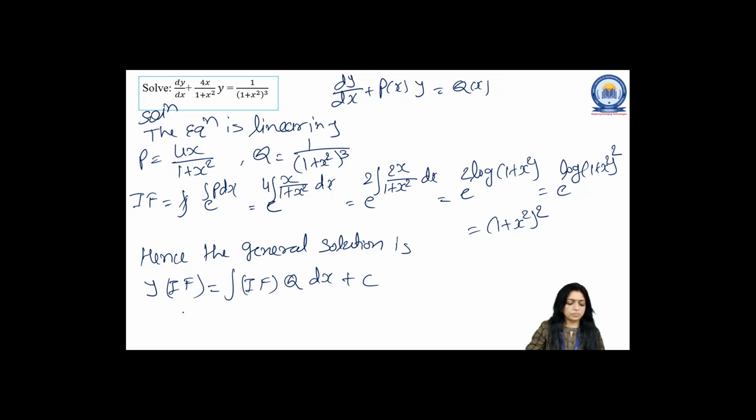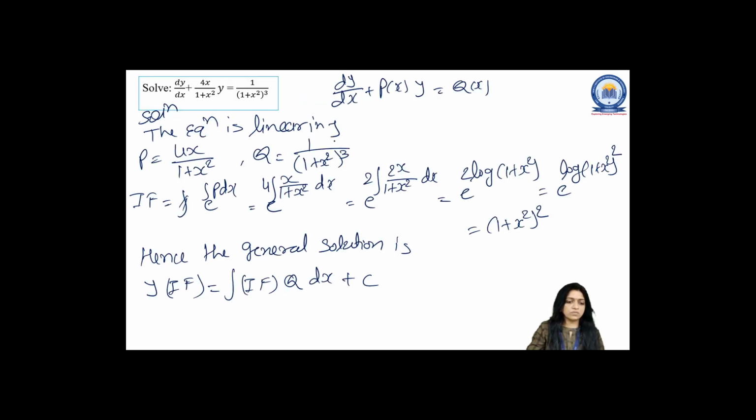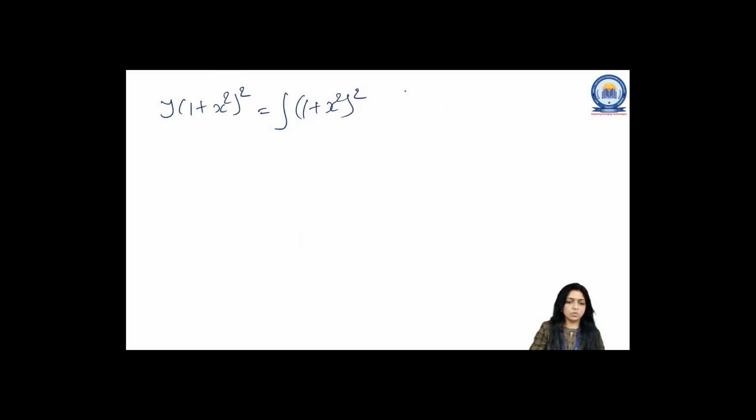So y times the integrating factor, which is (1 plus x square) whole square, equals the integration of (1 plus x square) whole square, and your right hand side is 1 upon (1 plus x square) whole cube, into dx plus c.